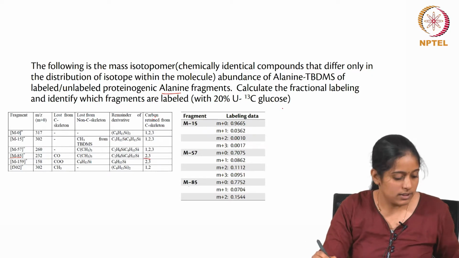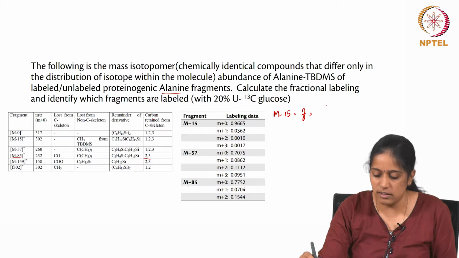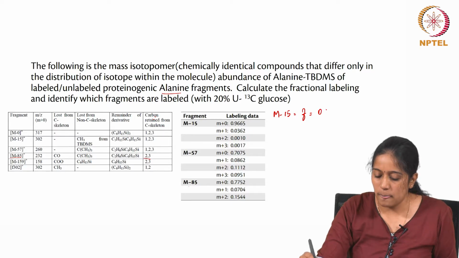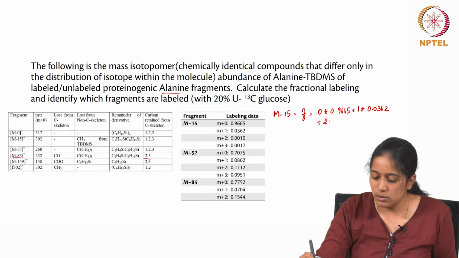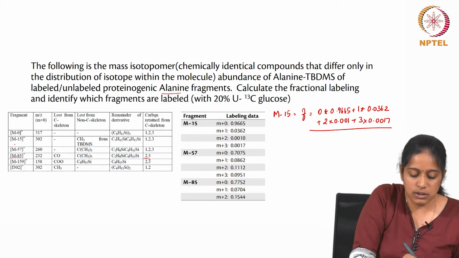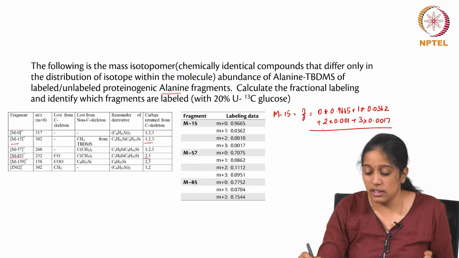So, again you apply the same set of formula. For m minus 15 I will again have f is the same as whatever we calculated before. So, 0 into 0.9665 plus 1 into 0.0362 plus 2 into 0.001, 3 into 0.0017, by the number of carbon atoms in alanine, which is 3, and also the fragment m minus 15 can capture the information about all the 3 carbons in the amino acid.